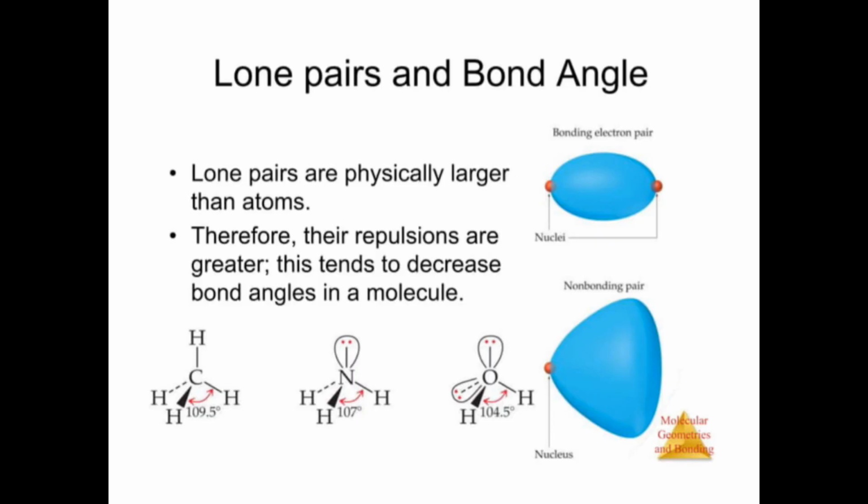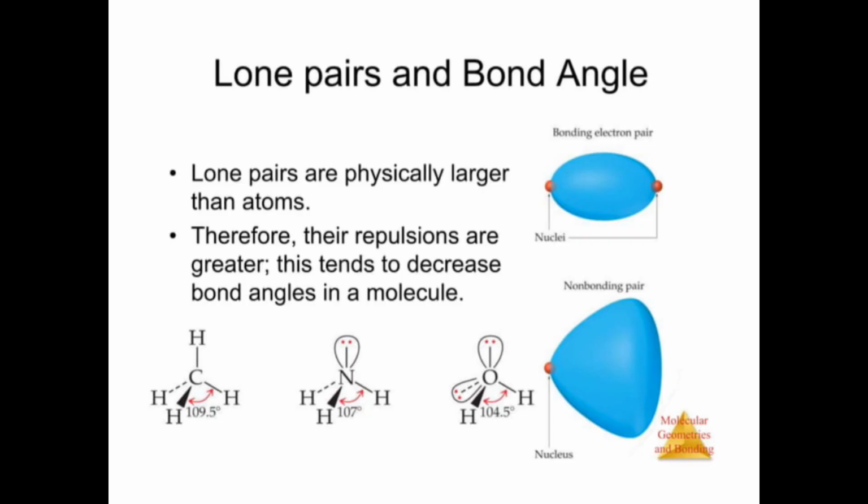We are talking about how lone pairs affect bond angle. We said lone pairs are larger than the neutral atoms themselves, and because they have greater repulsion, they will decrease the bond angles of a molecule. In methane, for instance, carbon does not have a lone pair on it, so it has 109.5.